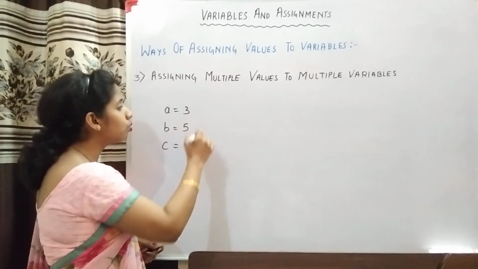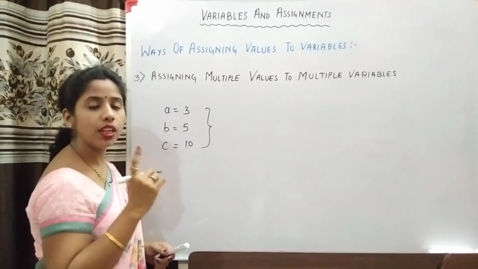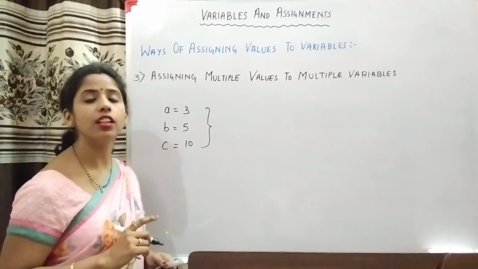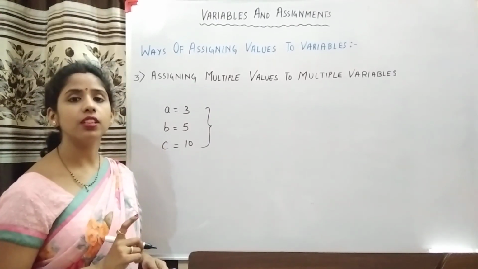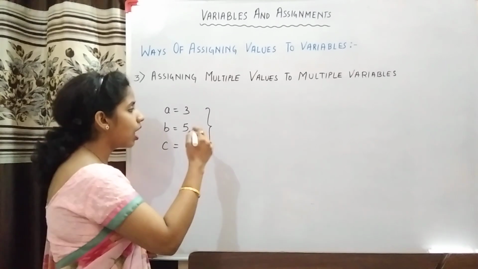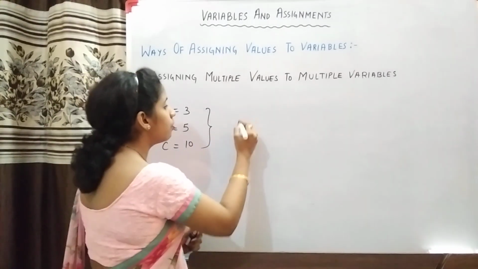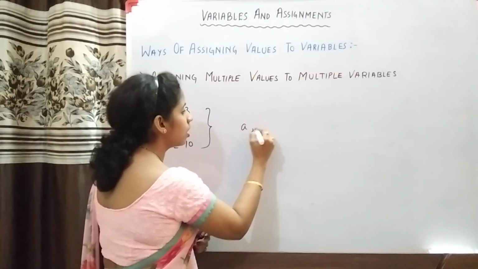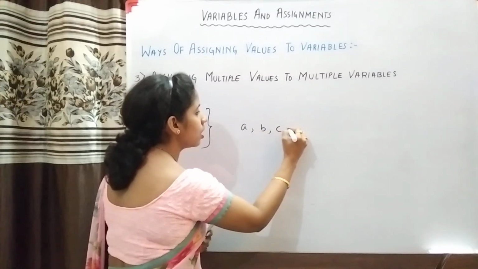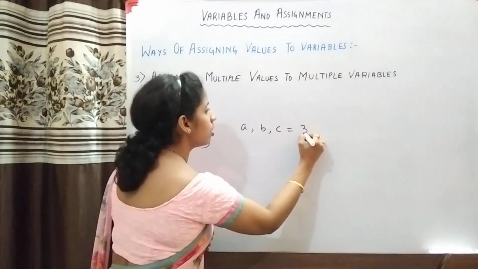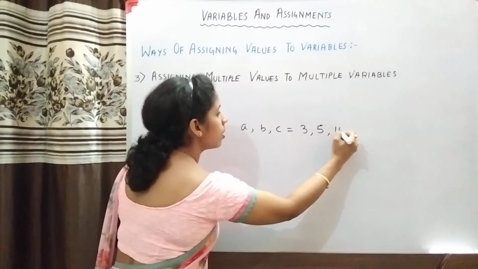So if you want to do this entire work in a single line, in case of Python it is possible. It was not possible in case of other languages. And how do we do it in case of Python? We write a statement like a comma b comma c is equal to 3 comma 5 comma 10.